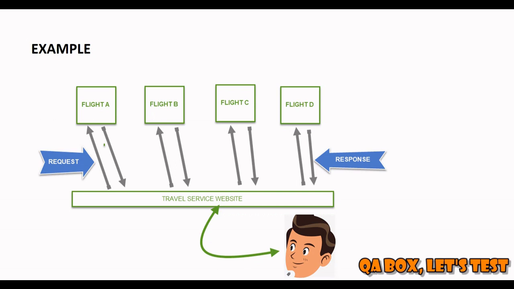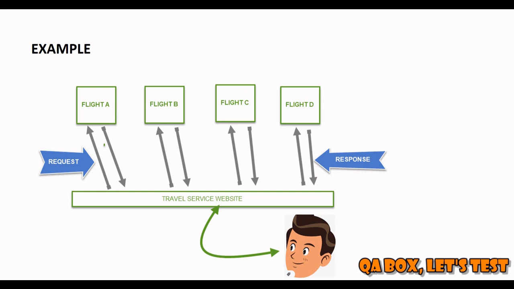Internally, the website is making API calls to all those hotels and all those flight carriers, right? And gives you the response back on just one page. Convenient, isn't it? So this is possible because of these REST APIs. Those hotels and flight companies have provided APIs which your travel service website can make use of and provide you the data in the form of a response.